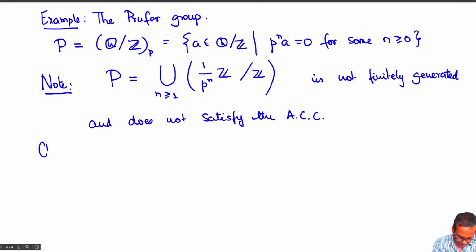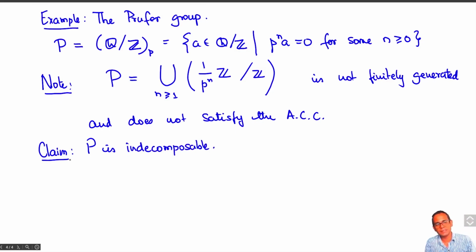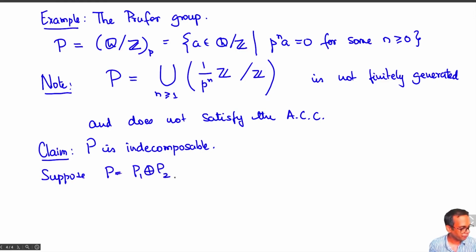Now I claim that P is indecomposable. What we need to show is that if P can be written as a direct sum P1 plus P2, then one of these is equal to P and the other is 0, but we can't have both.